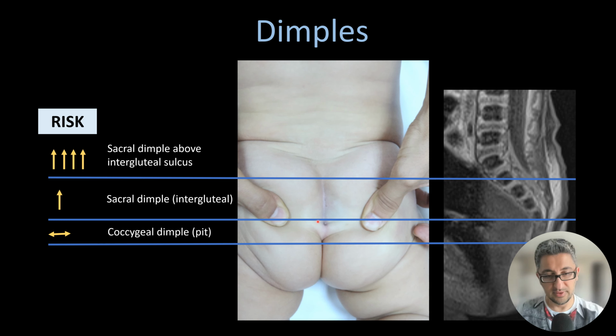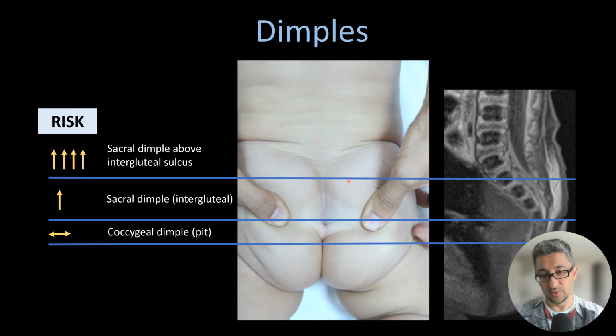For example, here coccygeal dimples at this level, and some people used to call these ones, when they cannot see the floor, a pit, but usually they can be used interchangeably. And this is the intergluteal level: coccygeal, intergluteal, and above the intergluteal sulcus.